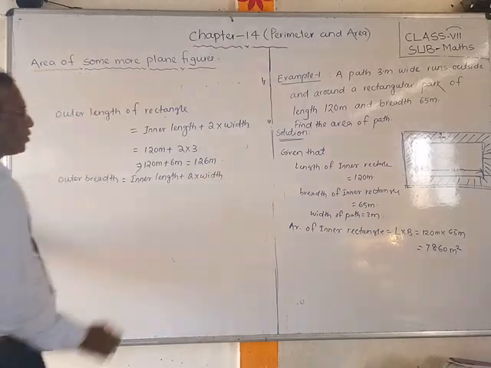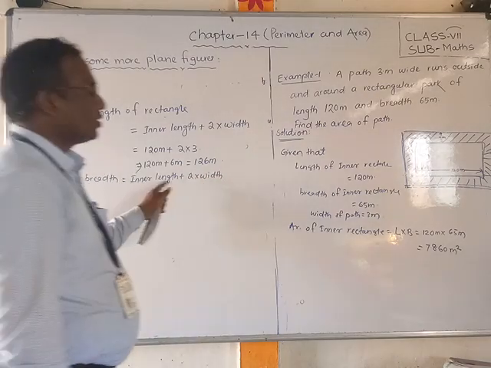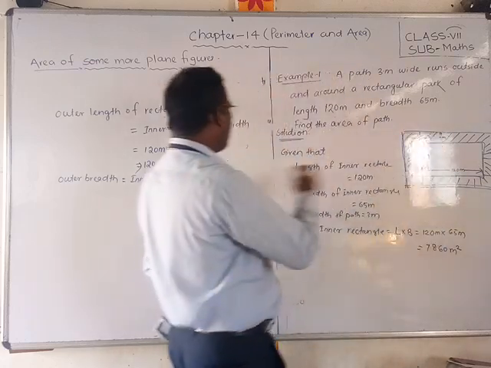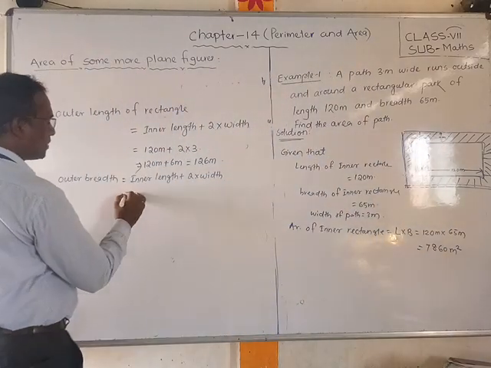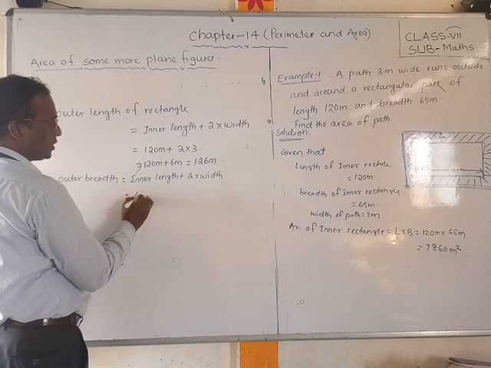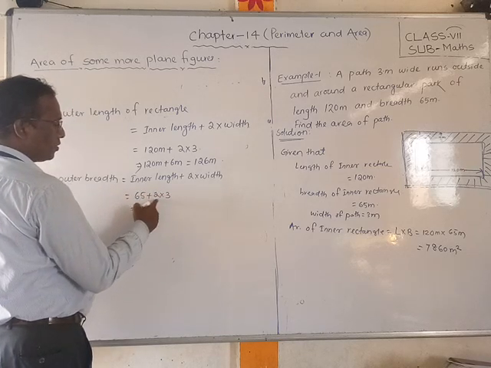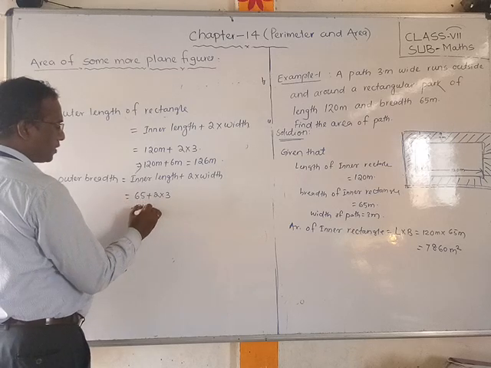Why are we multiplying 2 into width? Because this side the width is increasing, and this side also increasing. That's why we add 2 widths. So inner 65 plus 2 into 3 is equal to 6 added, means 71 meter.